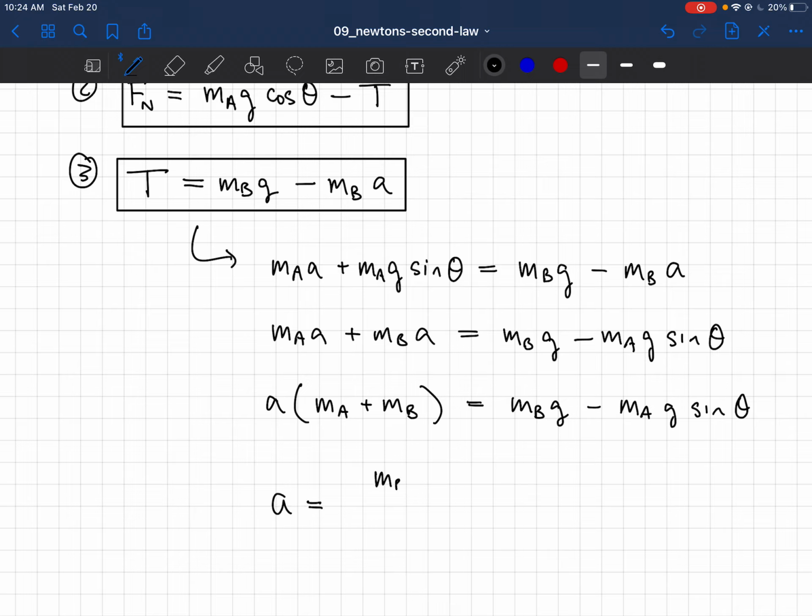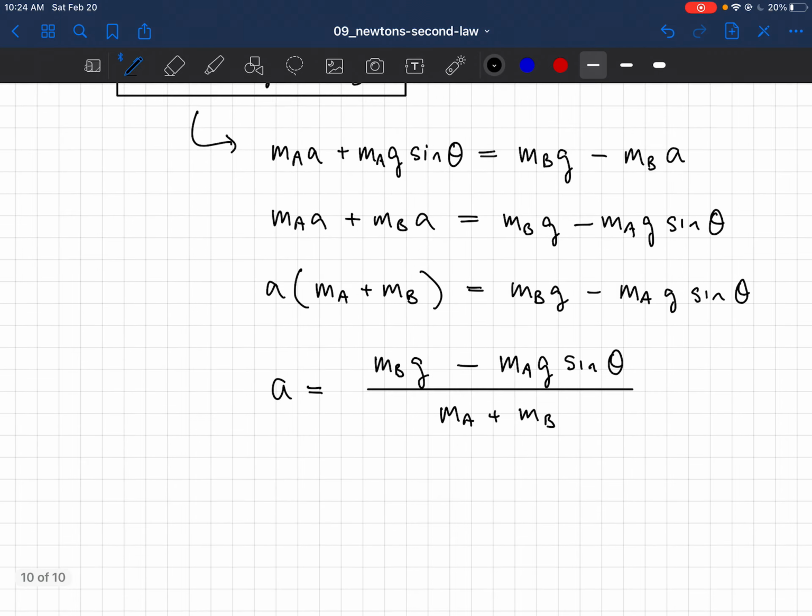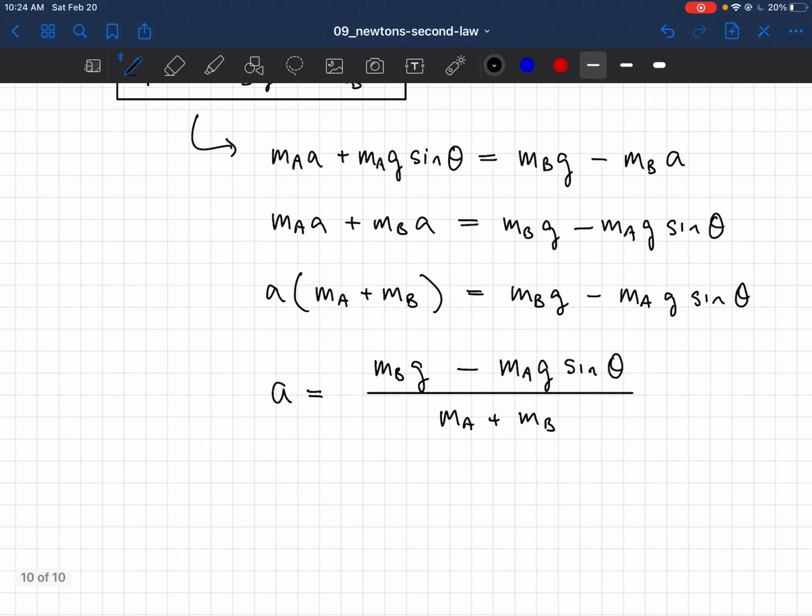And I find that the acceleration is equal to m_B g minus m_A g sine theta all over m_A plus m_B. That's my final answer. Let's plug in our numbers now, see what we get.